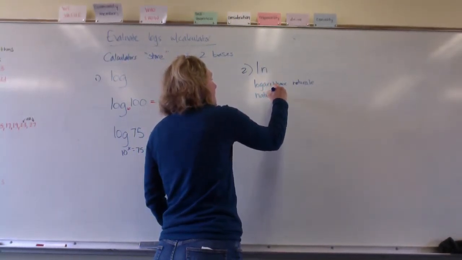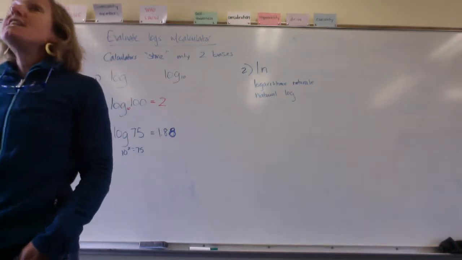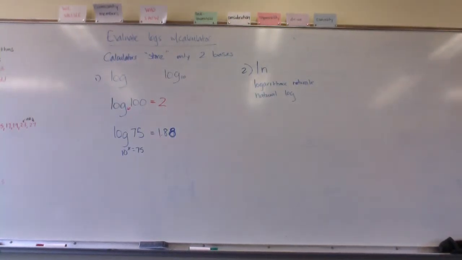It's an L because L stands for log. What was the number that we used when things were growing in nature? Why is it an LN and not an IN? Because it stands for logarithmic natural, natural log.